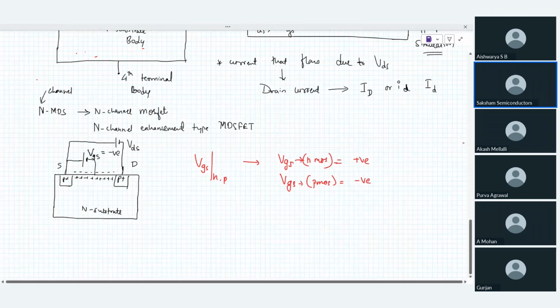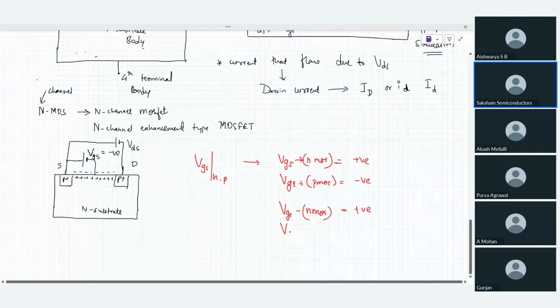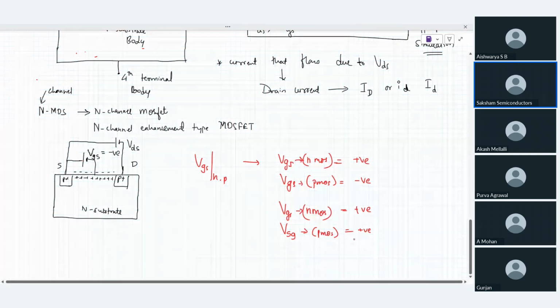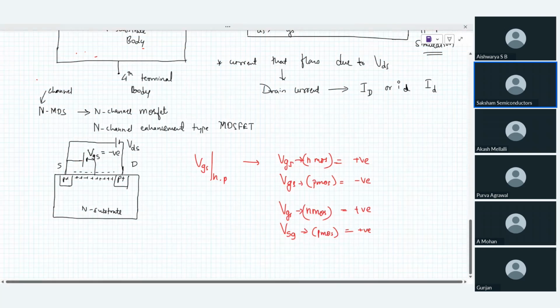Now, in order to avoid this confusion, they use VGS for NMOS, which is a positive voltage. And VSG for PMOS, that also I can consider as a positive voltage, because S is connected to the positive terminal of the battery. Why do I do this? In order to ensure that all your analysis is with respect to positive voltages.